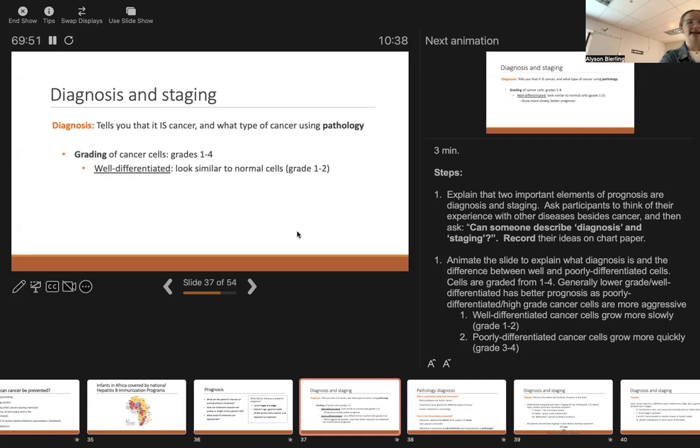What that means is that those cells look pretty similar to the normal cells. So if we go back to the example of a melanoma that develops in the epidermis, a grade 1 or grade 2 melanoma is going to look more similar to a normal epidermal cell.